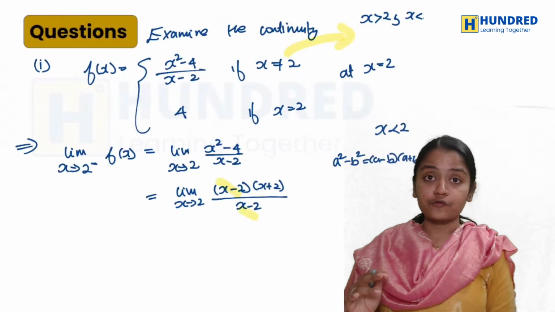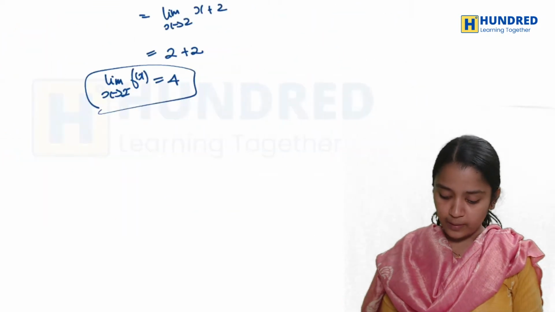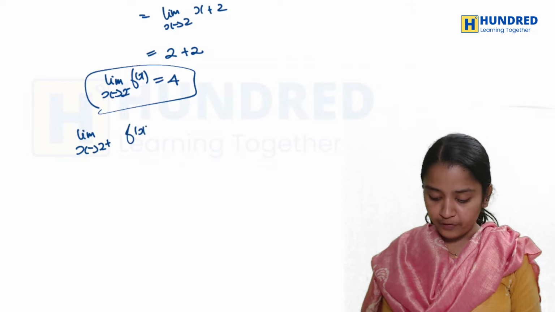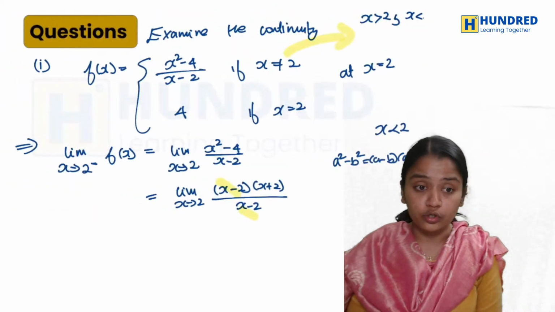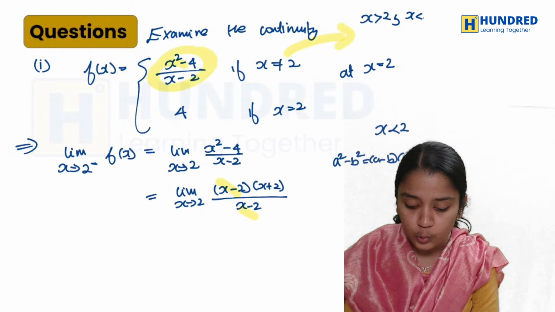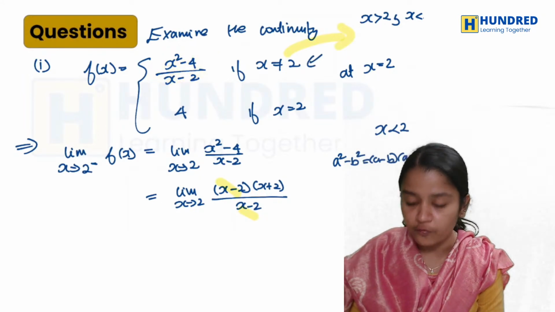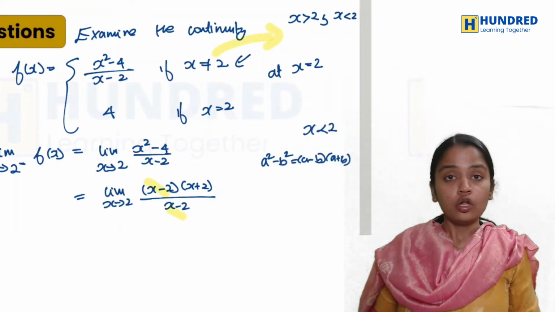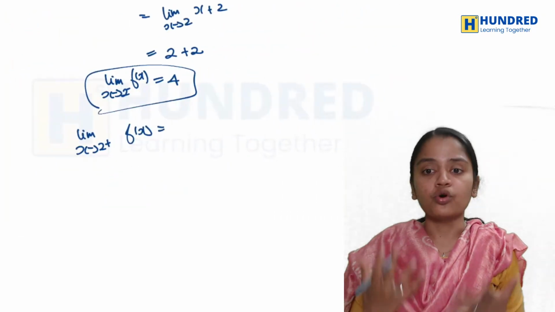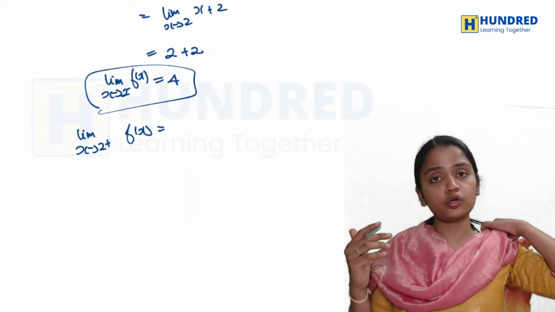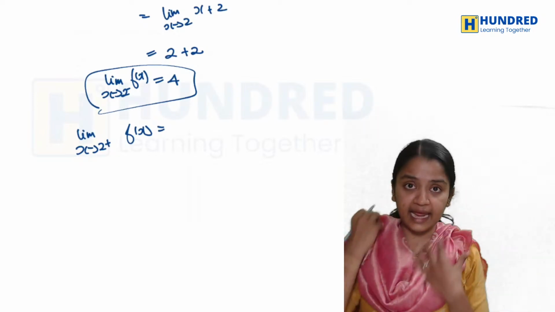Now I have to check my right hand limit value, the limit as x tends to 2 plus of f of x. As I already told you, your function value will be the same, because it is given for x not equal to 2. 2 plus means x is greater than 2.